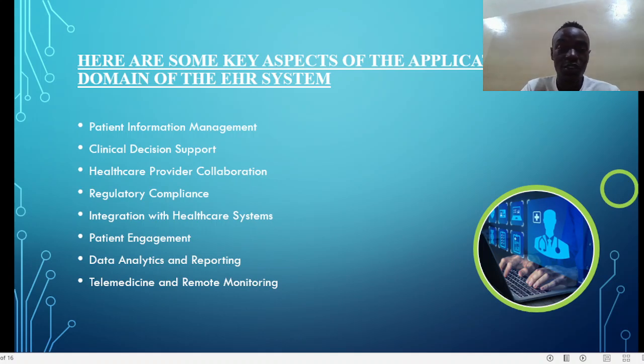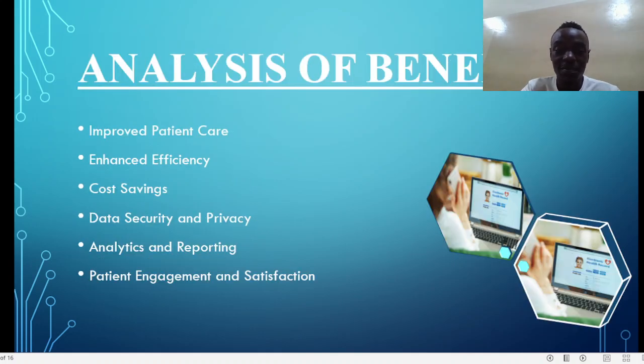So let us go to our next slide, which is the analysis of benefits. Here I will first outline improved patient care. It is one of the primary benefits of the system. It has the potential to enhance patient care by providing healthcare providers with easy access to comprehensive and up-to-date patient information.